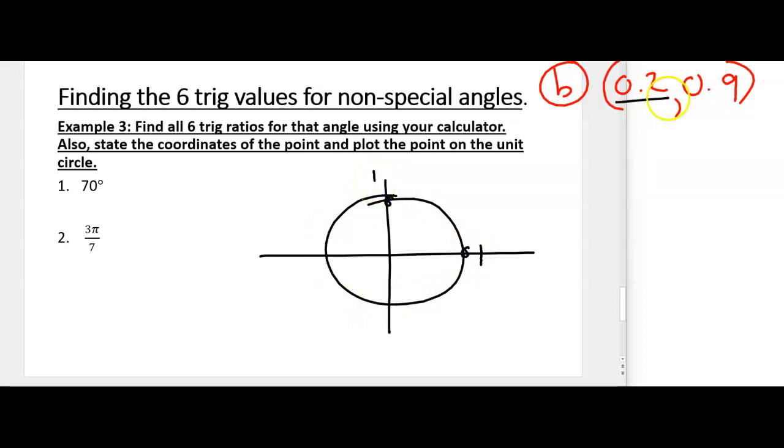And so going over 0.2 would probably be like about here, and going up 0.9 would probably be about here. Where those two are going to meet is probably right about there. It's actually pretty darn close to where the last angle was. So there you guys have it. I'll put the coordinates there too.